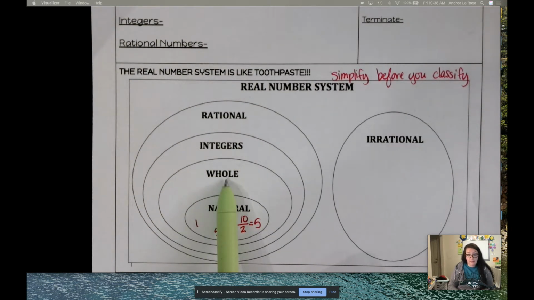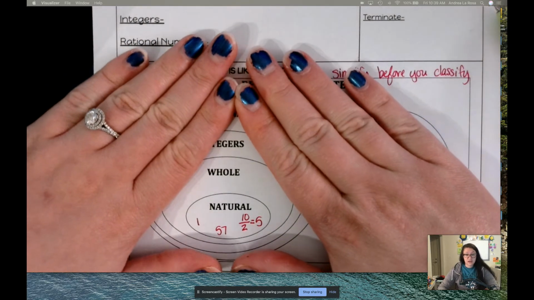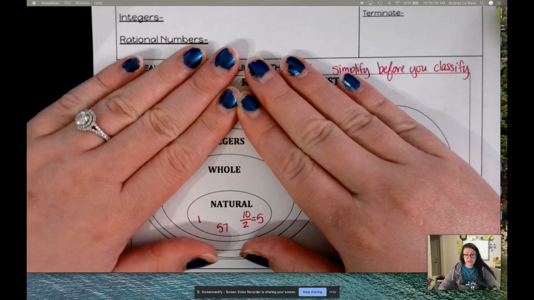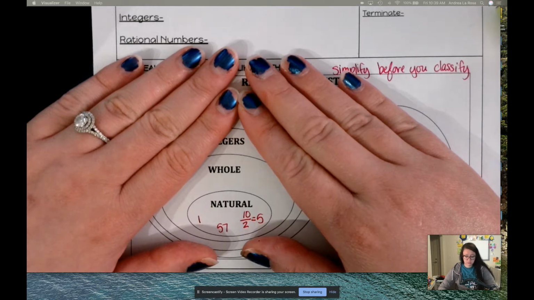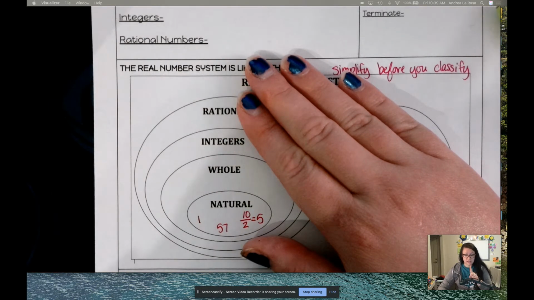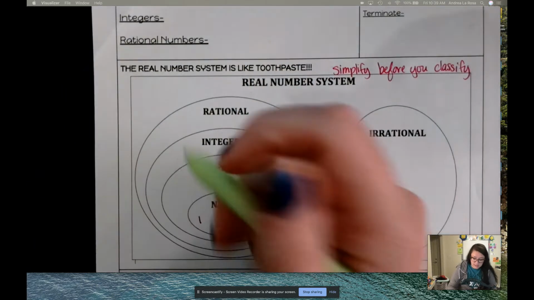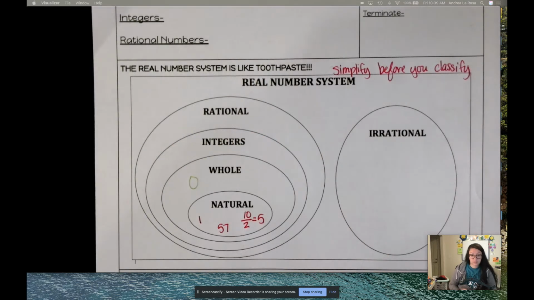The next step up, we have whole numbers. As you can see, natural numbers are inside of whole numbers. So all of my numbers that are natural, they're also whole numbers. There's only one number that is whole but not natural, and it is the number 0.